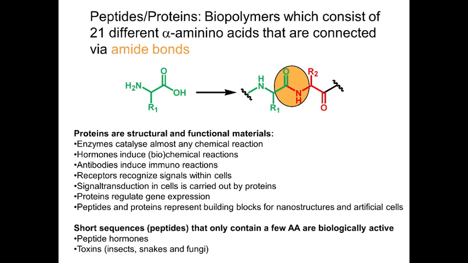One example are peptide hormones, or another example are toxins that are present in different species and that can sometimes harm other species very severely.